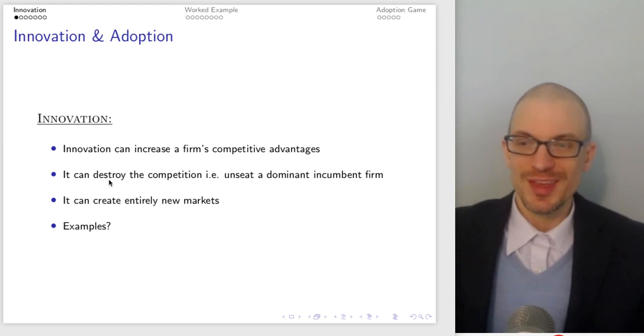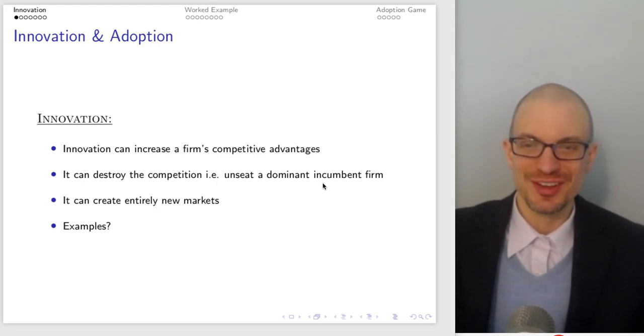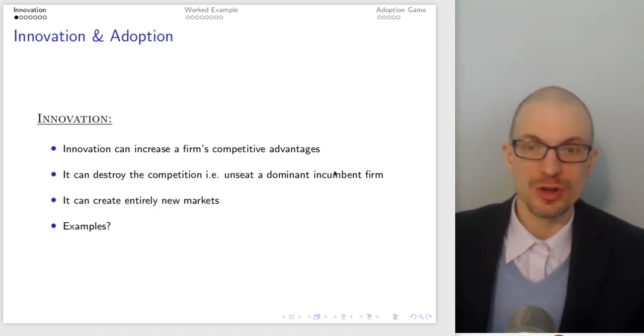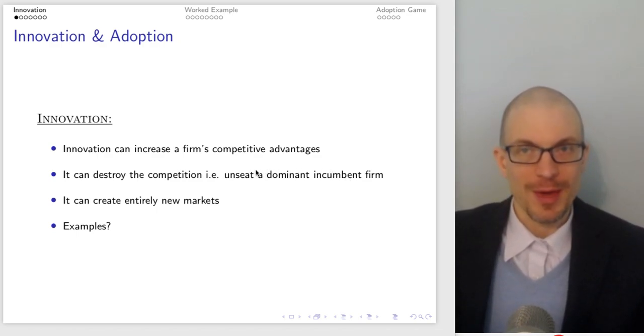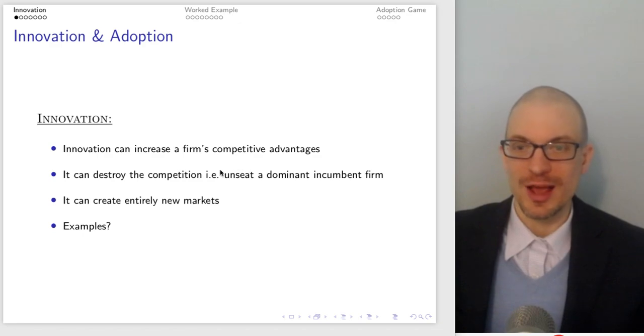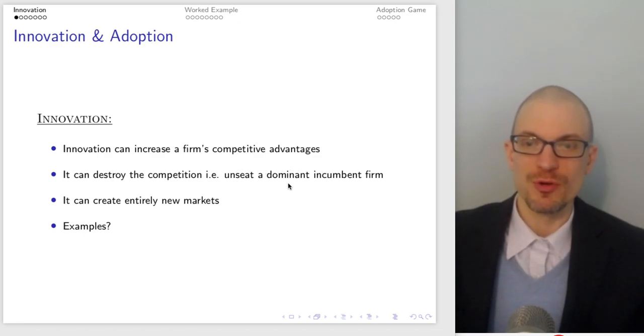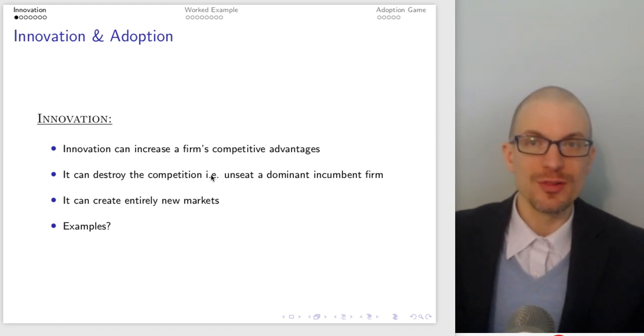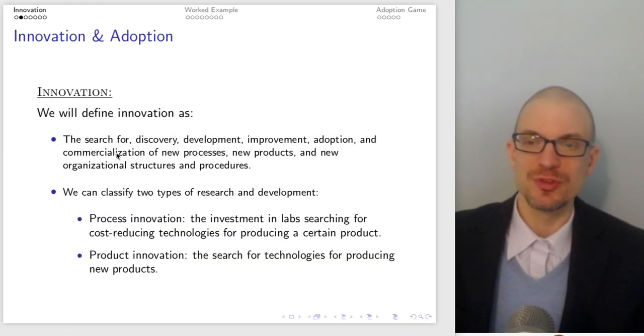As a result, innovation can destroy the competition. It could unseat a dominant incumbent firm, which could be in the same product category or in a different one. During the pandemic, Zoom and video conferencing technologies are providing a major threat that has been growing over the past decade for the airline industry, among others, right? And innovation can definitely create entirely new markets. There's a lot of examples you can think about.